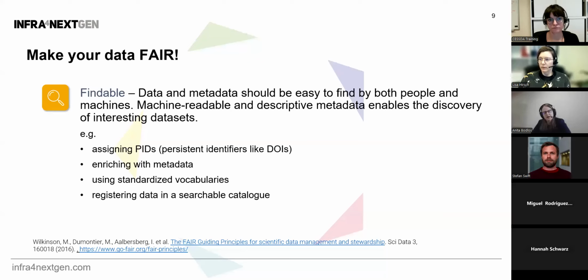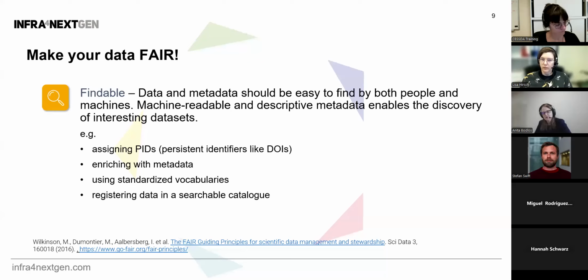So the CESSDA data catalog contains metadata of many CESSDA repositories, which means that you don't have to go to each individual CESSDA archive to search for data, but instead you can use the European metadata catalog and search for data there, and you can then find data that is stored in different archives in different countries.